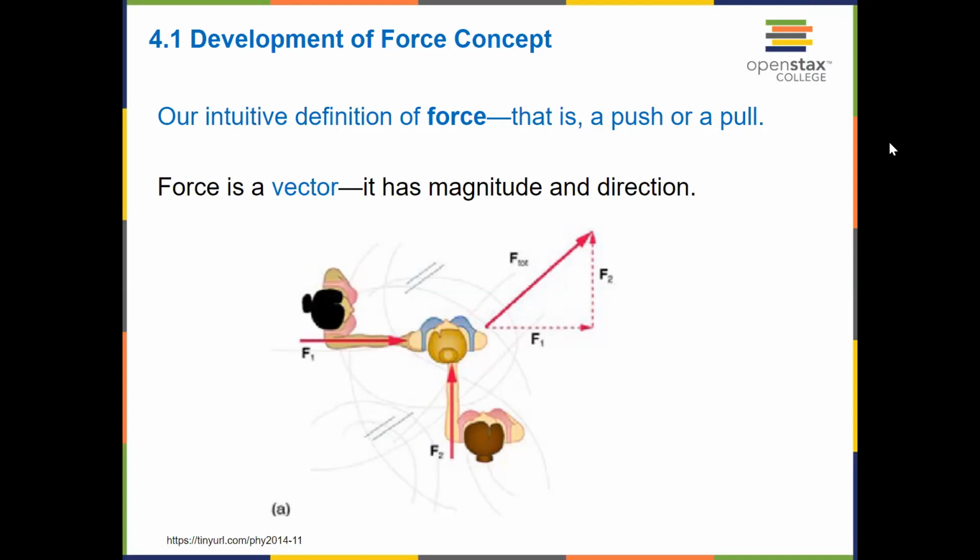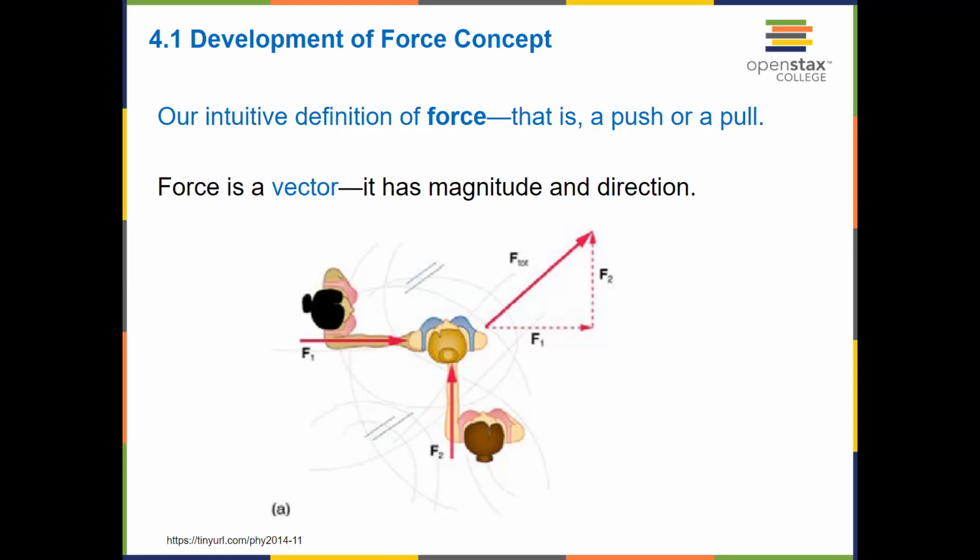So starting from this chapter, we are looking at what causes the object to move. For force, I think we haven't defined it officially, but it's quite intuitive. You are giving an object a push or a pull, okay? If you push the object, you are giving a force. If you pull it, you also give it a force.